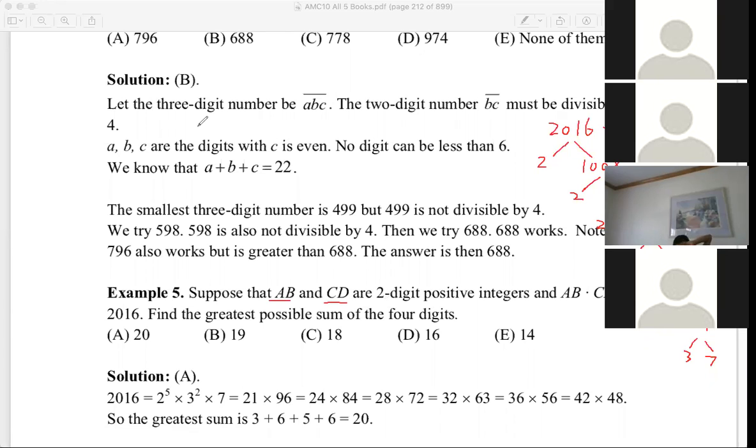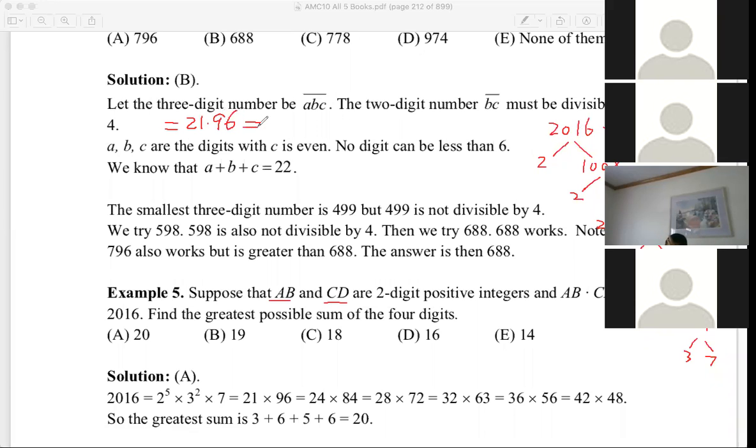Now let's think what we can write next. So we can combine 3 times 7 together. So that's 21. So 21 times 2 to the power 5, that's 32. 32 times 3, that's 96, right? So 2016 equals this, right?